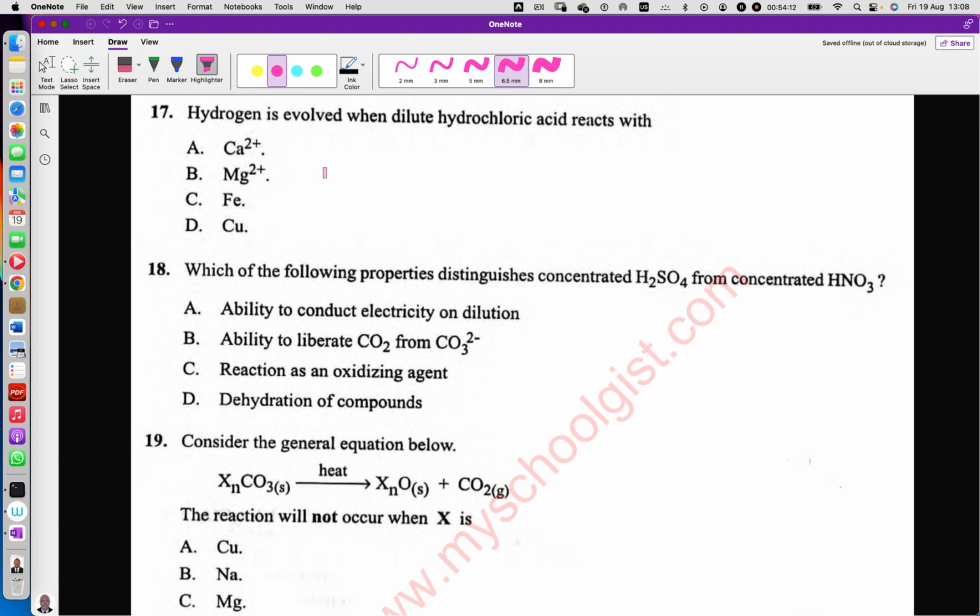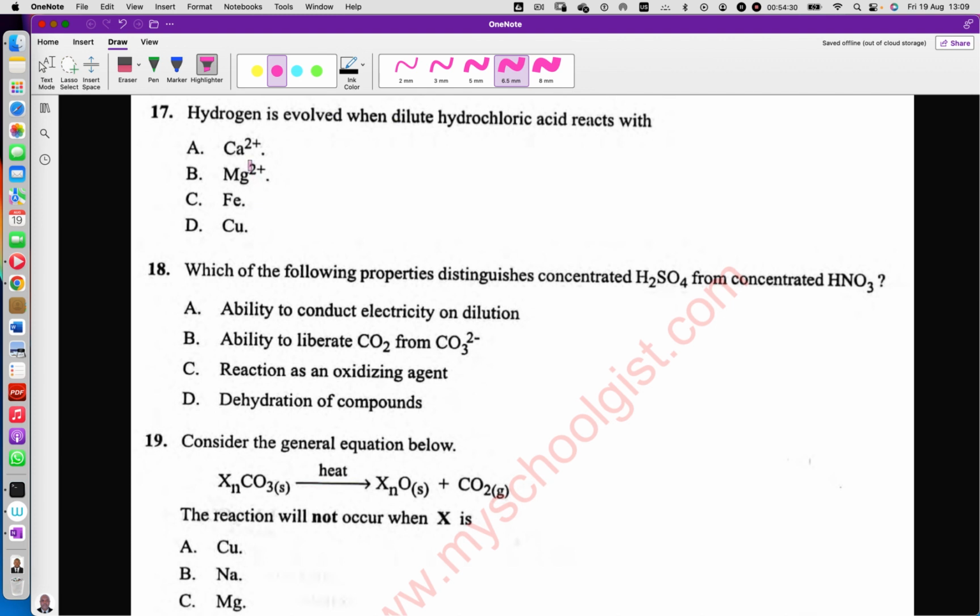And you can test this gas. You can use a lighted splint. If you test this gas, it gives you a pop sound.